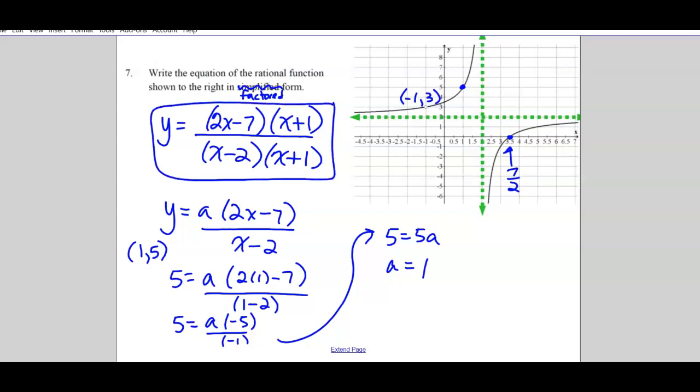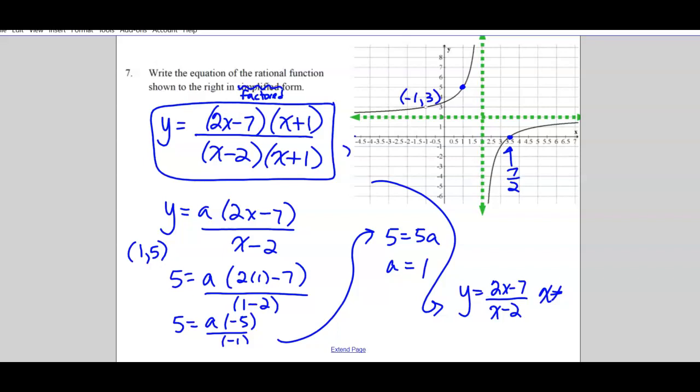An alternate to that you could write, although if it's on a diploma exam and they ask for factored form, I would leave it like that, or at least show both ways. This is the only alternative: you could say y equals 2x minus 7 over x minus 2, where x is not equal to both of those.